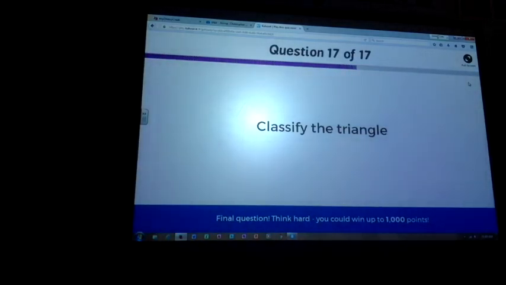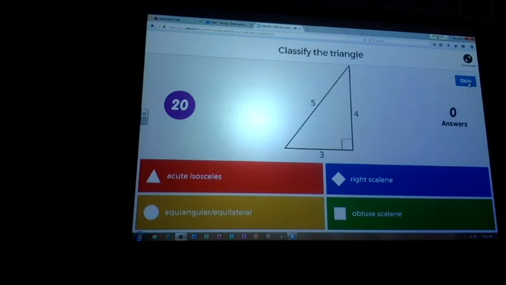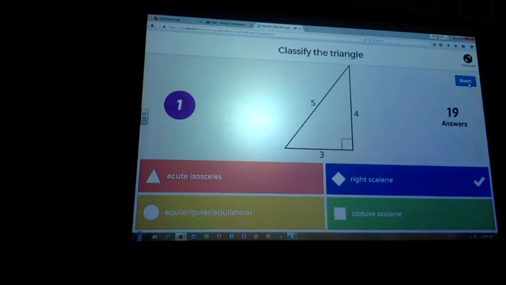Will we have a lead change? Yes. Oh, yes. Blue. Red. Green. Purple. Yellow. Purple. Clear. It's white. Who's lagging? It's white. Right scaling, huh?